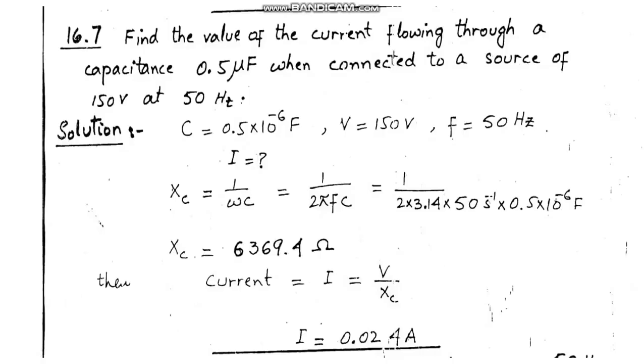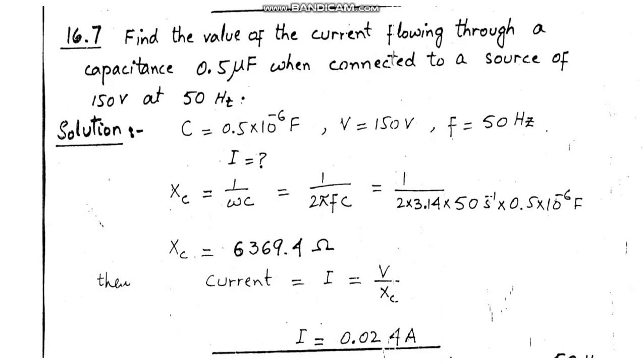Number 7. Find the value of current flowing through a capacitance 0.5 microfarad when connected to a source of 150 volt at 50 Hz frequency. We required the value of current. Solution: capacitance C is equal to 0.5 multiplied 10 to the power negative 6 farad.